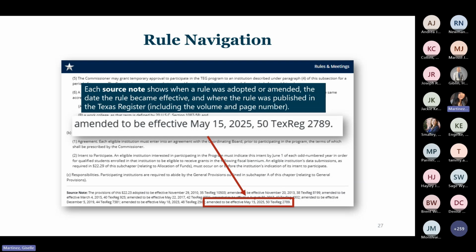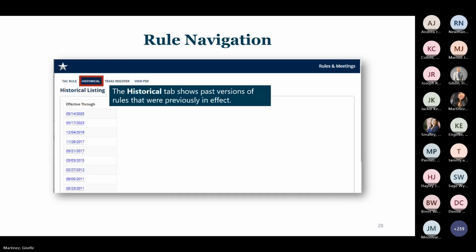So in this example, this rule was amended to be effective May 15th, 2025, and was published in volume 50 of the Texas Register under page 2789. And this can be a quick way for institutions to identify if any changes have occurred to program rules.